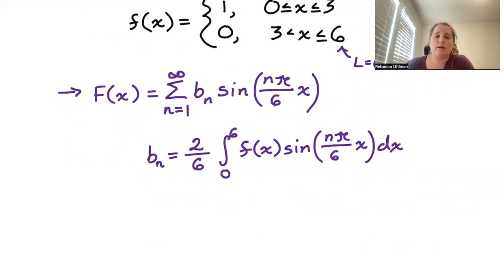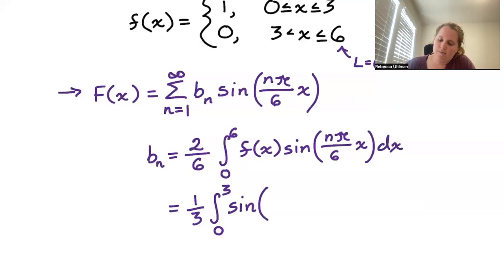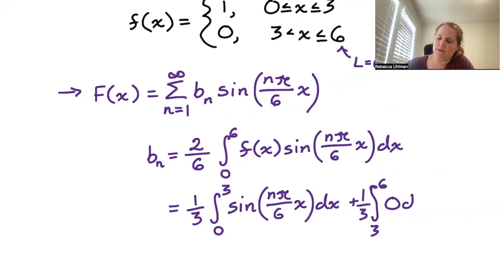From 0 to 3, f is just 1. From 3 to 6, f is 0. So we are looking at 1/3 times the definite integral from 0 to 3 of sine n pi over 6 x dx plus 1/3 times the definite integral from 3 to 6 of 0 dx.